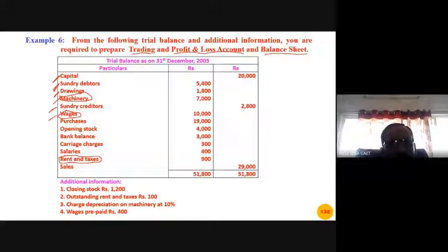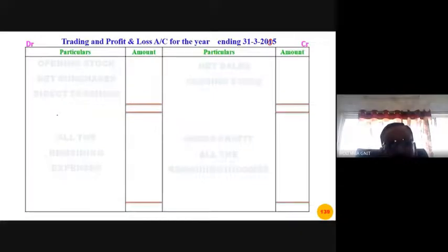These are all called direct expenses. But in this problem, only one direct expenditure is given, that is wages, and it has the adjustment. So it is to be shown in the inner column on the debit side of the trading account. Go to the trading account, debit side. Here there is an order: opening stock, net purchases we have to show first of all, thereafter direct expenses.